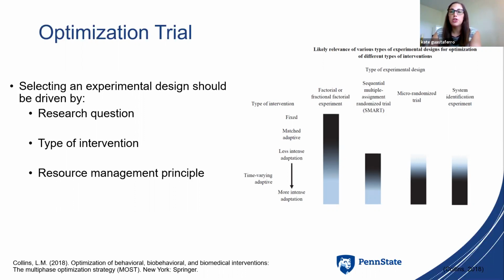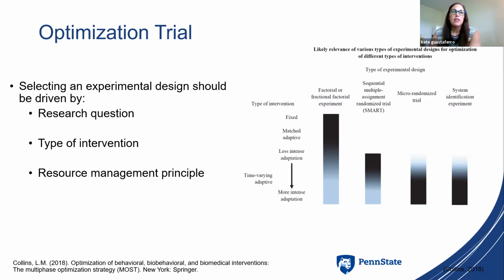Now, by type of intervention, I mean, are you delivering a fixed intervention where everybody gets the same level of intervention, or is it an adaptive intervention where based on someone's response at a pre-specified point in time, they might get a different level of the intervention? That's an adaptive intervention.